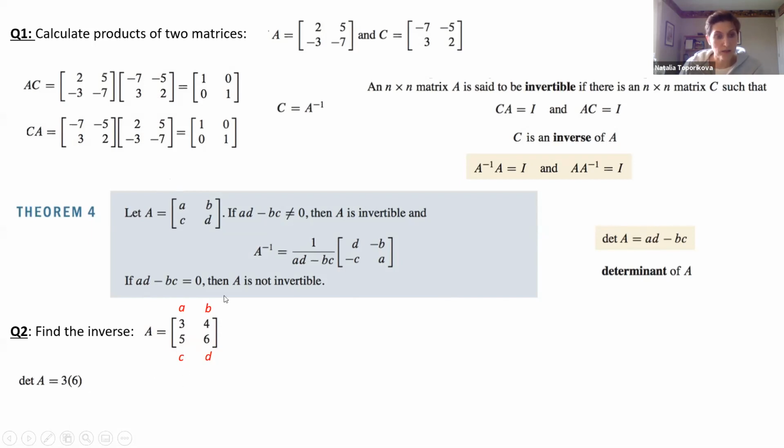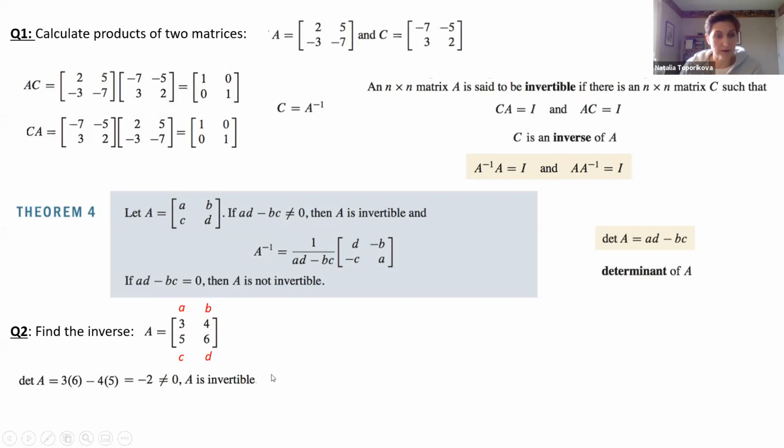Now we subtract the product of the right diagonal elements. C is equal to 5, B is equal to 4, so we subtract their product, which happens to be 20. When we perform this operation, we find that our determinant is equal to -2, which is very good news. It is non-zero, which means that matrix A is invertible.